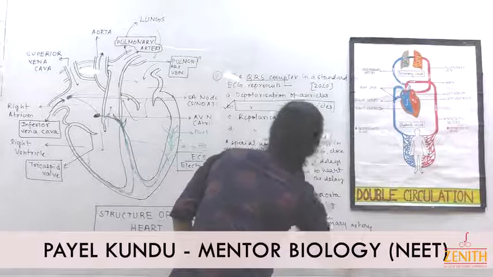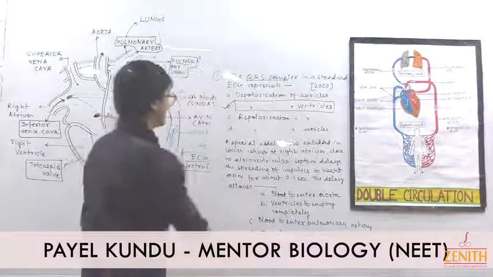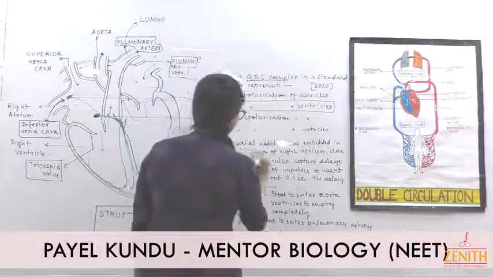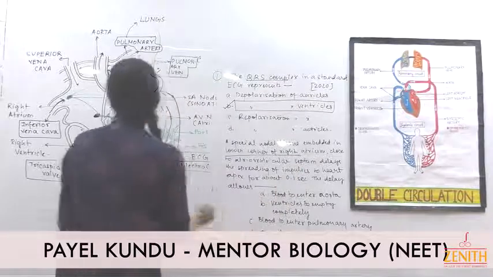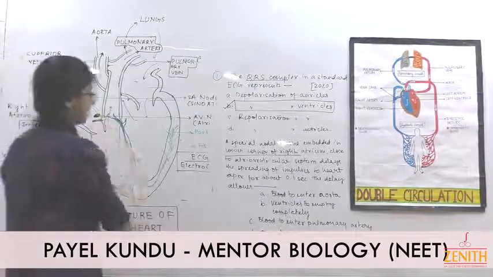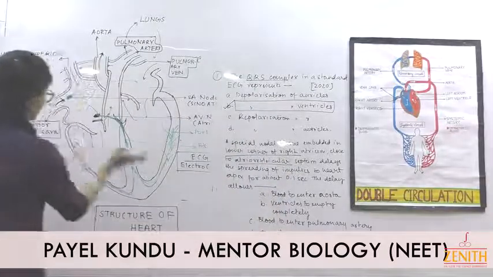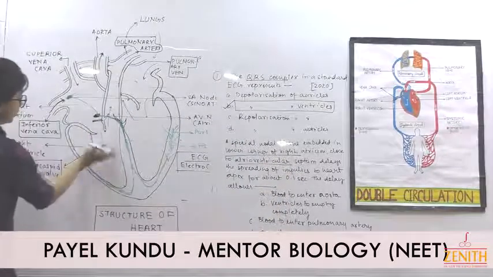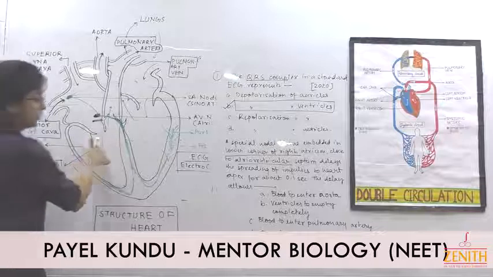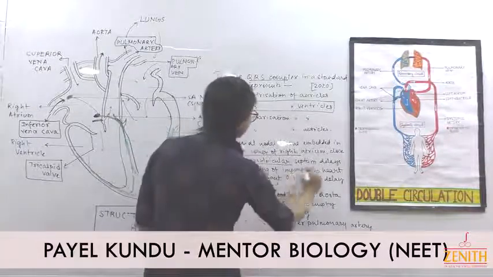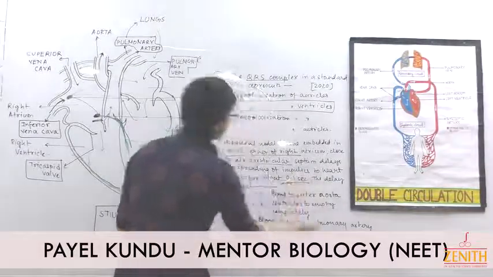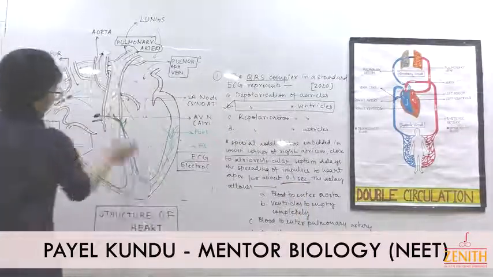So here a special nodal tissue is embedded in the lower corner of the right atrium, close to the atrioventricular septum, the septum between the atrium and the ventricle. This delays the spreading of the impulses by about 0.1 second. So what will this do?